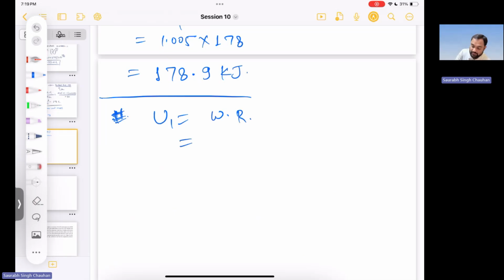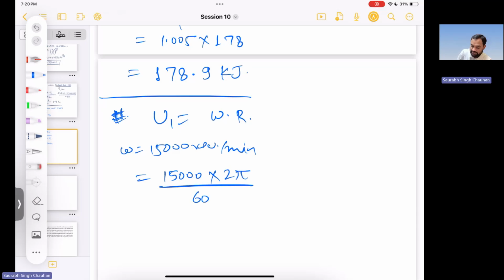Angular velocity omega is given as 15,000 revolutions per minute. So in radians per second, it will be 15,000 times 2 pi divided by 60 radian per second. So this is omega.